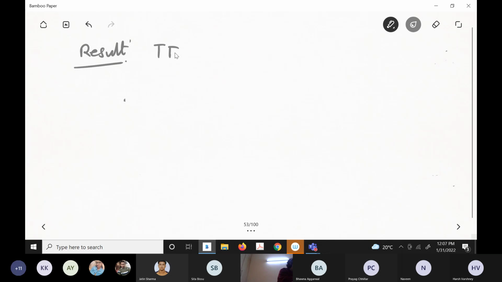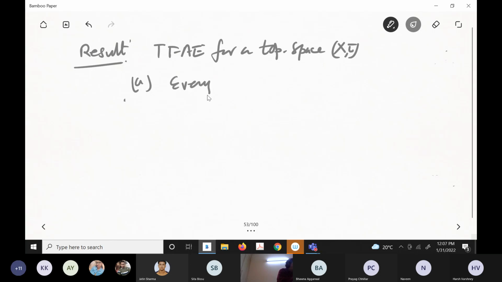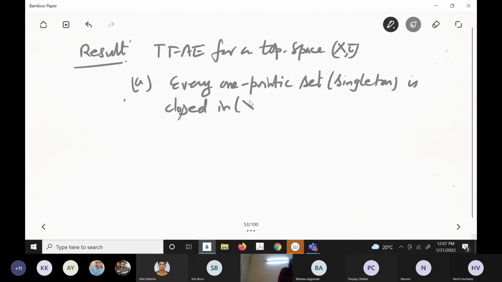The following are equivalent for a topological space X, tau. A: every singleton is closed in X, tau.